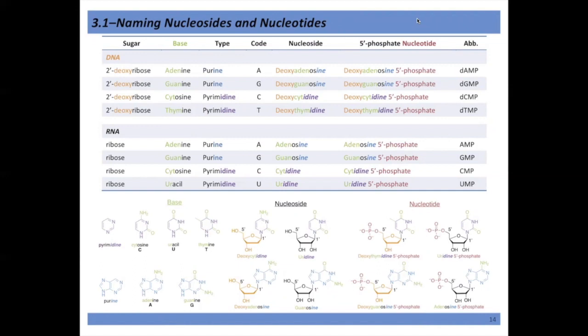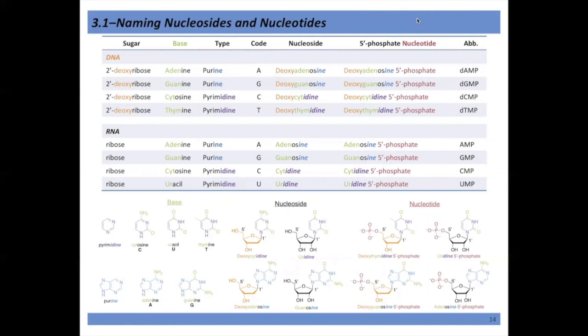Again, these nucleotides are composed of 3 different things: a sugar and a base and a phosphate. So part of the name, if it is a deoxy sugar, we indicate that in the name. So if we have a deoxyribose, when we start to name the nucleoside or the nucleotide, we start with deoxy to let us know that our sugar is deoxy.